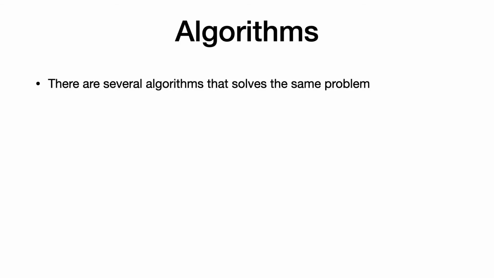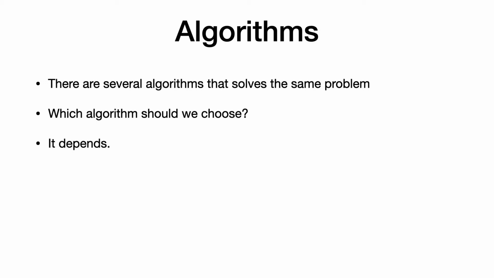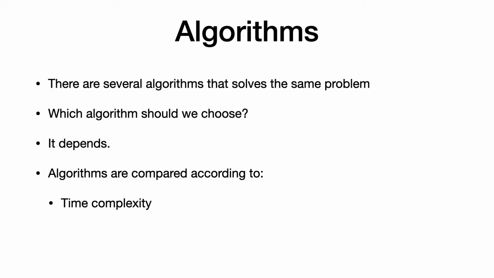So we saw that there are several algorithms that solve the same problem. Then which algorithm should we choose? Well, it depends. It will always depend. The algorithms are compared according to time complexity and space complexity.